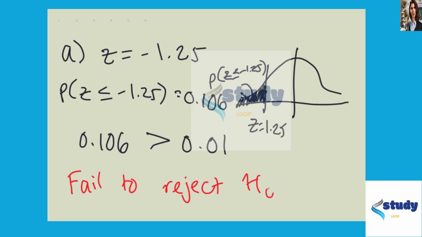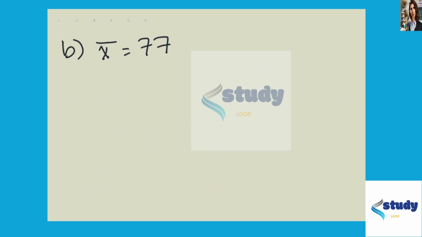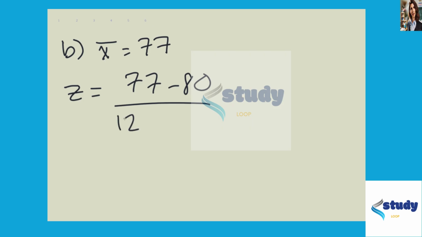Now if we go to part B, we are doing the same thing with a sample mean of 77. So our z-score is equal to 77 minus 80 over our population standard deviation of 12 divided by the square root of our sample size of 100.